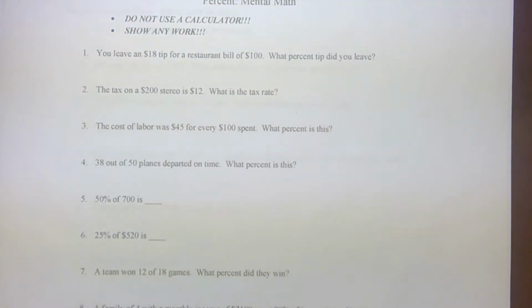Set your calculator aside. I do want to encourage you, if you feel like you have a pretty decent grasp on percents, read through these 12 first on your own. See what you know. See what you can figure out, again, without your calculator. This is some mental math practice. And write down what you think the answer is, and then come back to the video and we'll go through them.